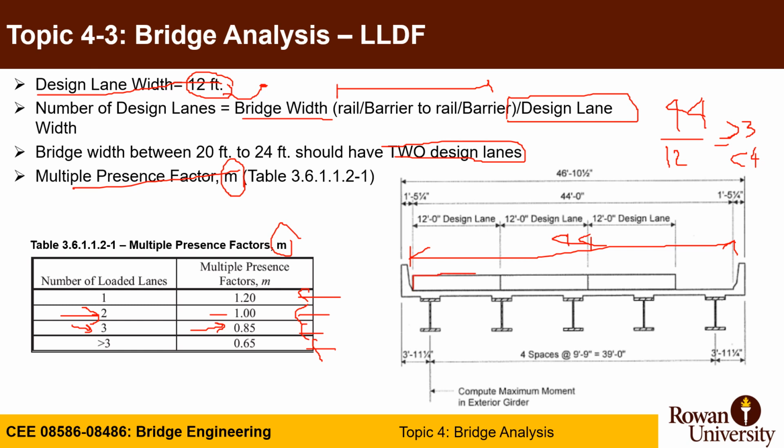You draw a 12 feet area, which is going to be your lane number 1. You draw another one. This is design lane 2. And here you have design lane 3. And here you don't have enough for a fourth 12 feet lane, but make sure that those lanes are also allowed to move laterally to maximize the bending moment, reaction and shear on your girders.